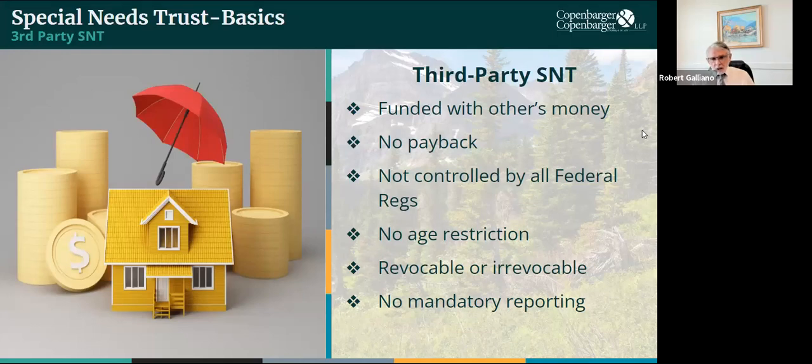I'll say it again, no payback provision required. And also, it is not controlled by a lot of the federal regulations that control the first-party trust. No age restriction. If you recall, there was an age restriction on the first-party trust. Remember, 65 years of age. Third-party trust has no age restriction.